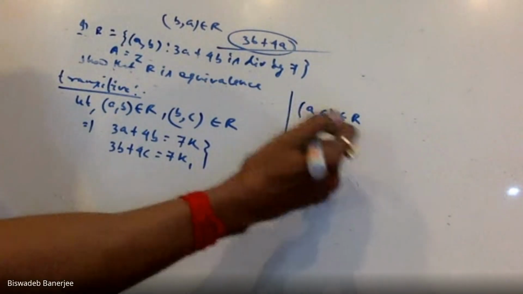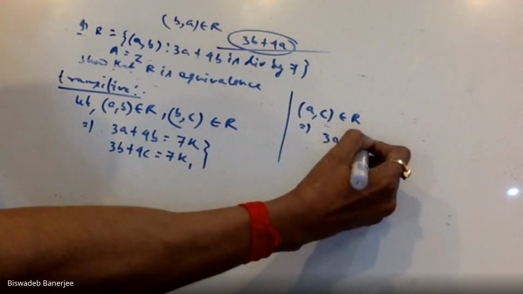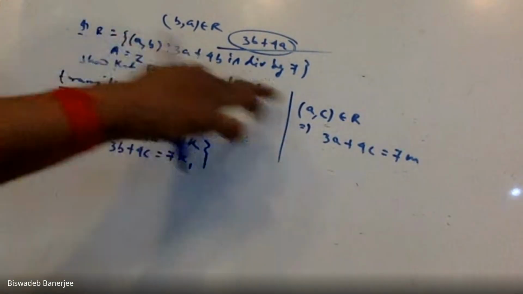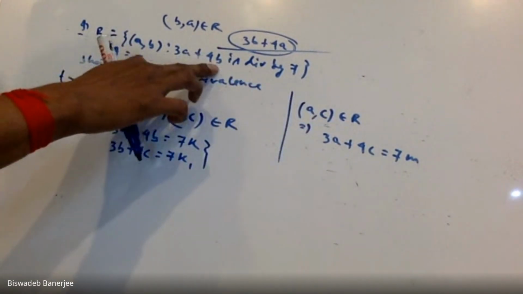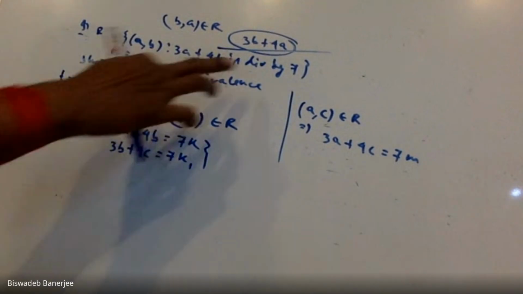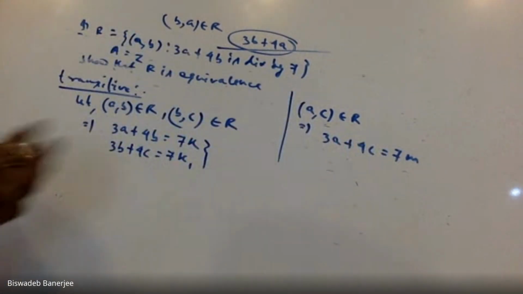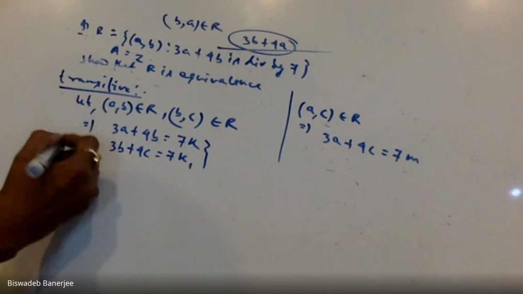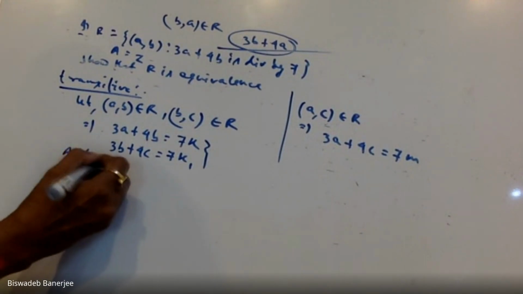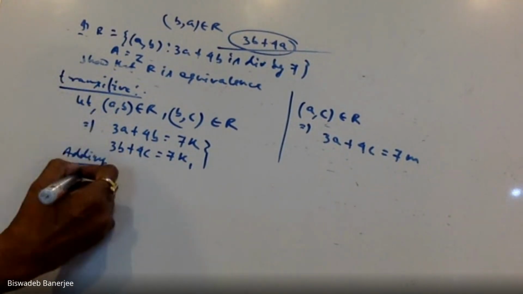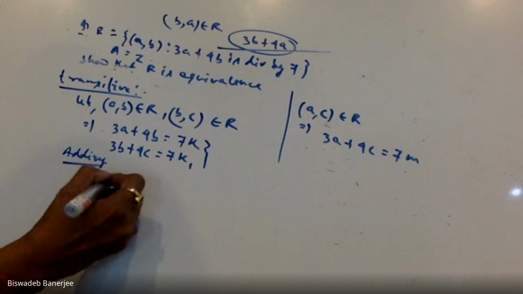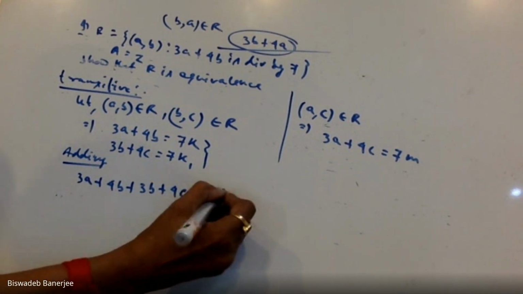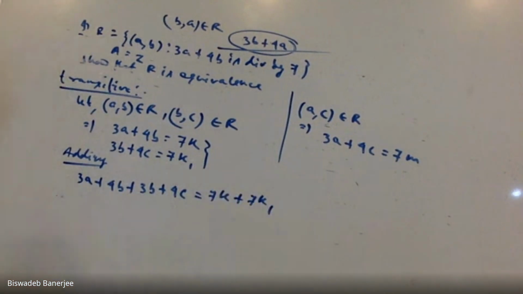That means we have to check 3a plus 4c is equal to some multiple of 7. (a, c) belongs to R means what? 3a plus 4c is divisible by 7. Divisible by 7 means it is a multiple of 7, that means 7 into n. So how can we show this? Just add these two. After addition, what do we obtain? 3a plus 4b plus 3b plus 4c is equal to 7k plus 7k1.